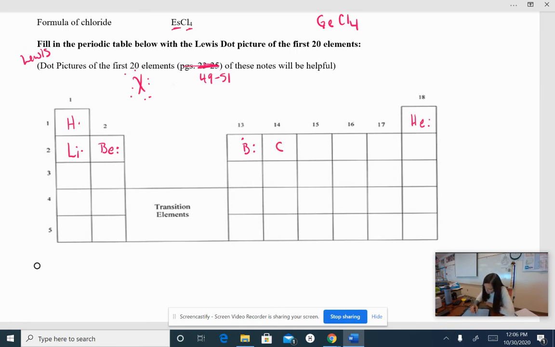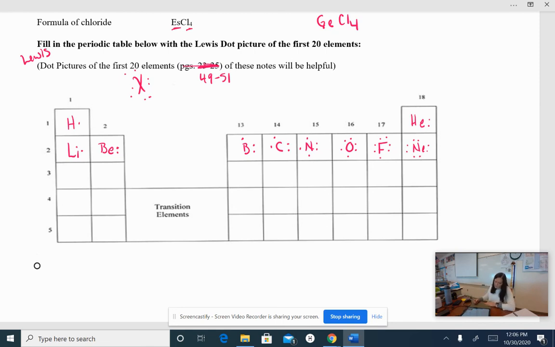We will have carbon with 4 dots. We will have nitrogen with 5 dots. We will have oxygen with 6 dots. We will have fluorine with 7, and we will have neon with 8.